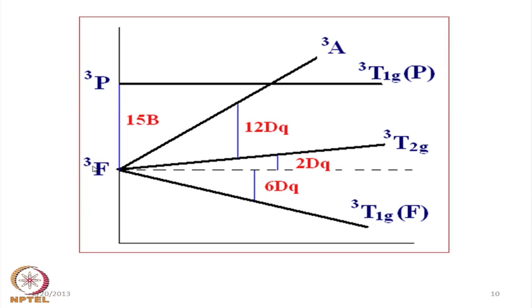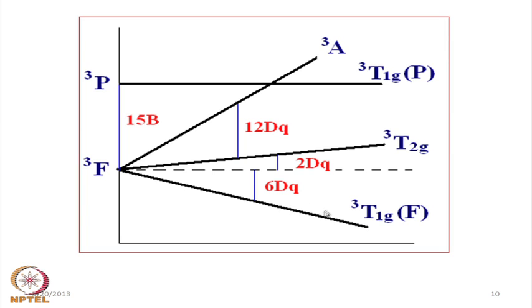So, when we have this 3F level split into 3T1g, 3T2g and 3A2g, we have these corresponding levels for the different transitions, and we have the separation between 3F and 3P as the corresponding value of 15B, which we will see how we plot in the Tanabe-Sugano diagram for these different values.